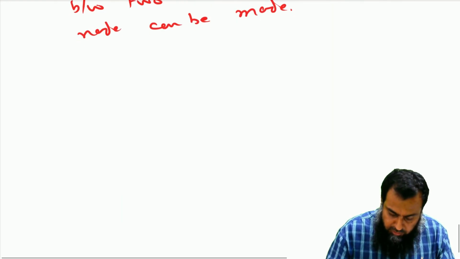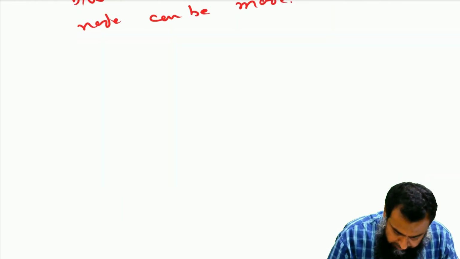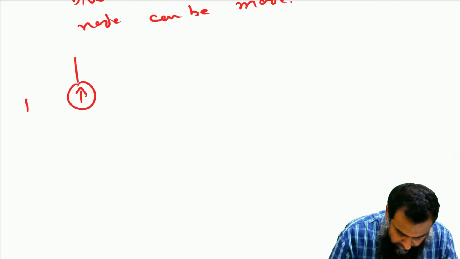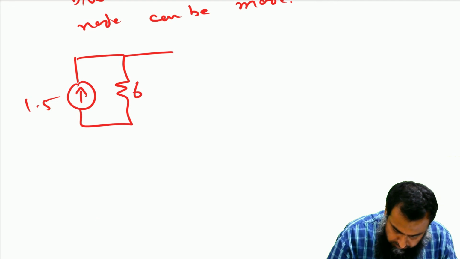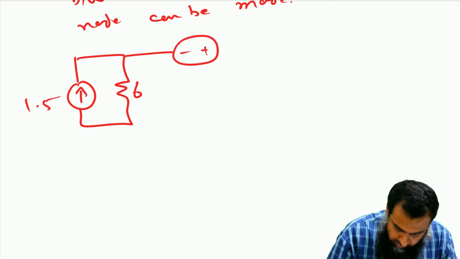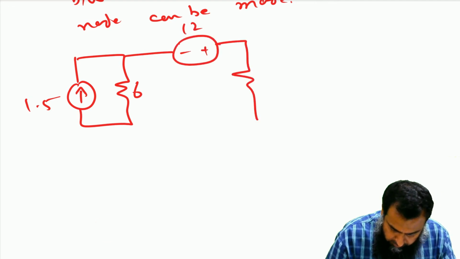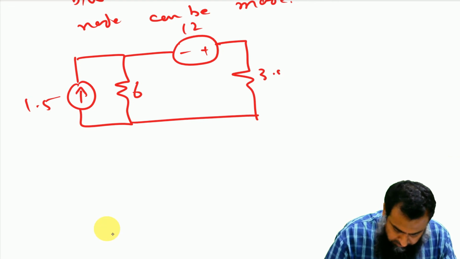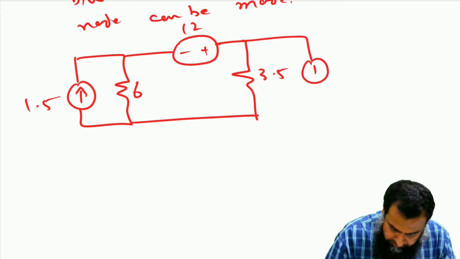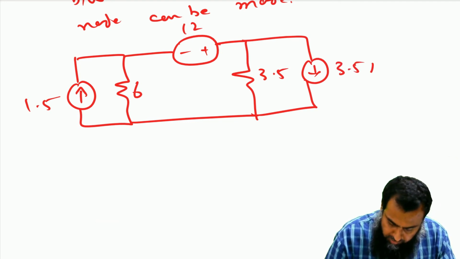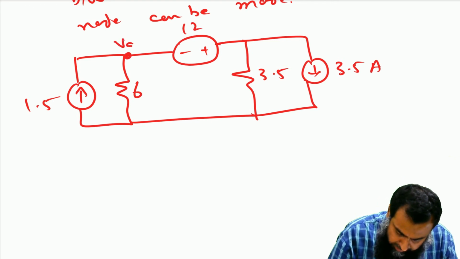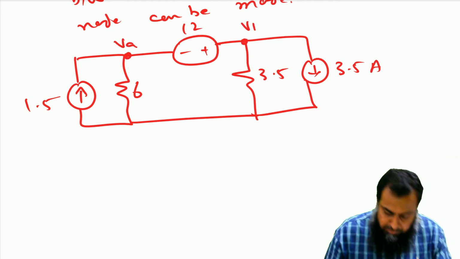So let me redraw that given circuit. Let us say this is 1.5, this is 6, this is 12 volt, this is 3.5, and this is also 3.5 ampere. Now we have this unknown voltage VA, we have this unknown voltage VB.